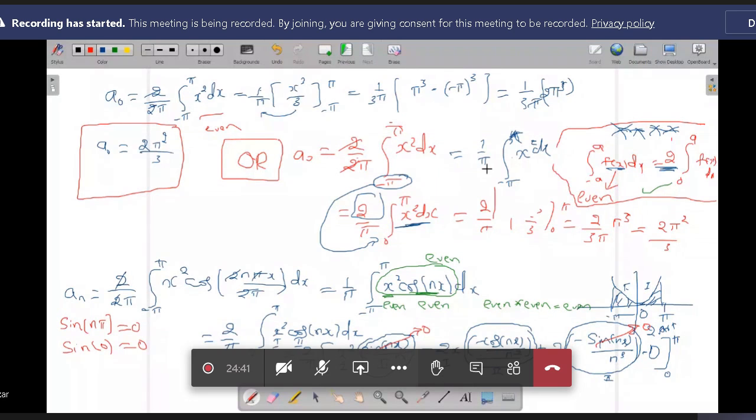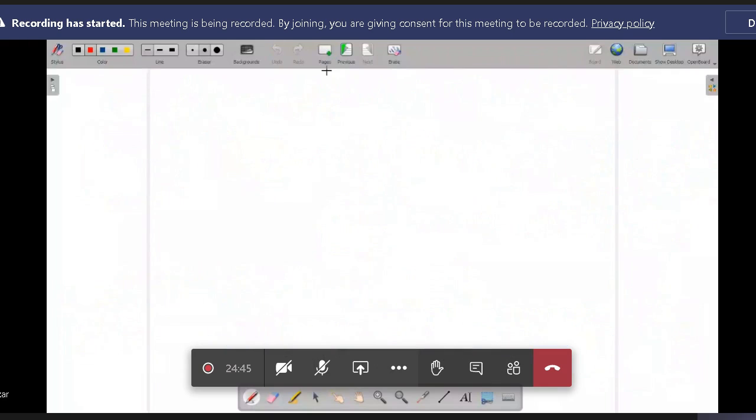So now I'll take one more slide. Since an is 2 by pi, and this will be 2x into minus into minus plus cos nx divided by n square, limits from 0 to pi. Only this term remains.